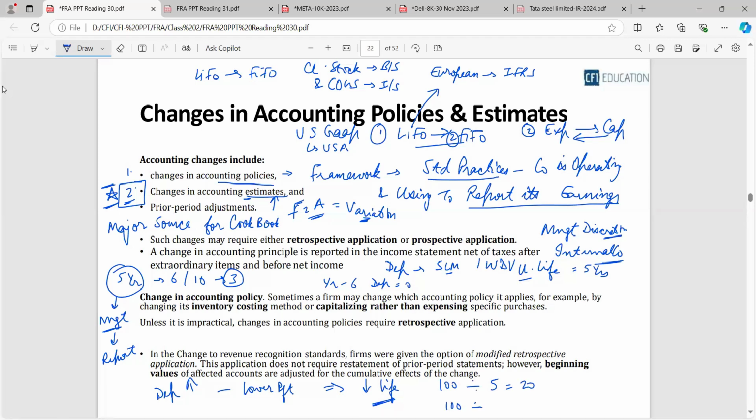Now 100 divided by 3 years, it's coming to somewhere around 33.33. So since the per year depreciation has increased from 20 to 33.33, this increase in depreciation by changing the life of that asset will definitely affect the net income. From net income, the PE ratio, EPS, all of these would be affected, showing undervalued or overvalued pictures to the ultimate investors. And this is how the cookbooking activities take place.